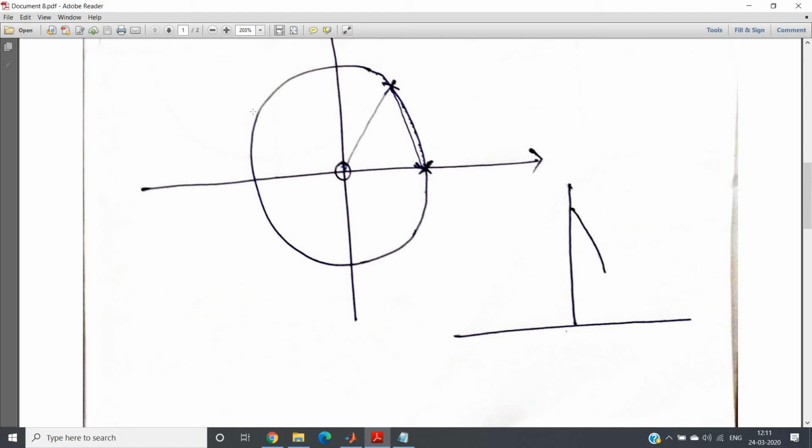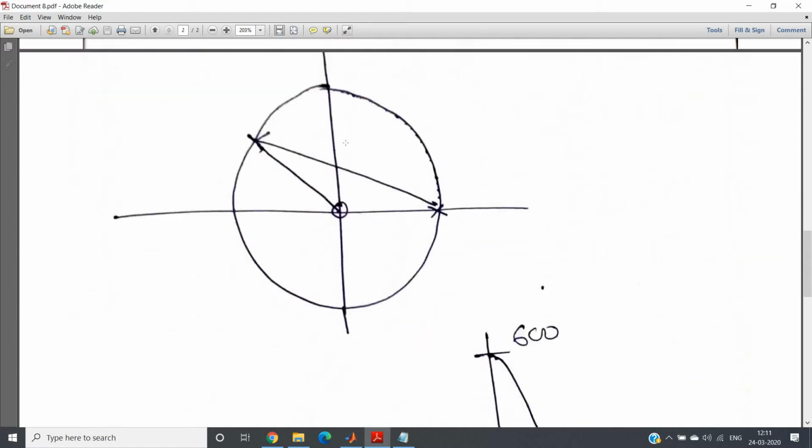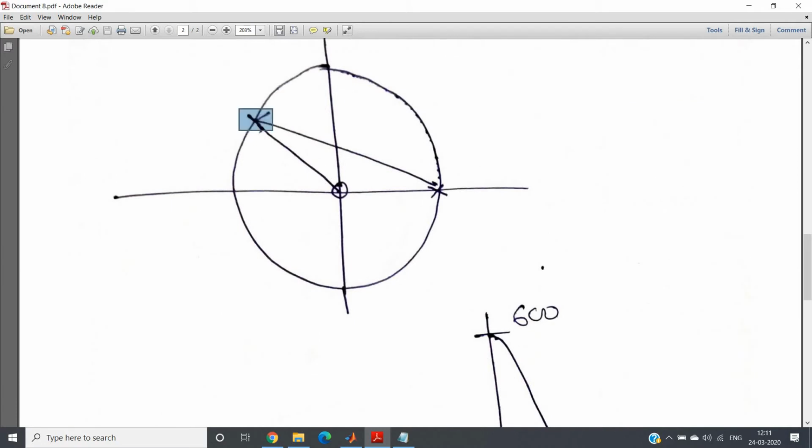And as we move further, suppose consider some point here or here or here. For every point on this side, whatever you consider, the zero is closer to that point than the pole. Suppose you consider this particular point, here the zero is closer, so the zero will affect more than the pole.